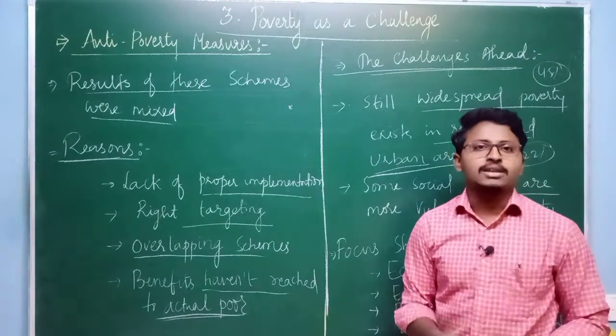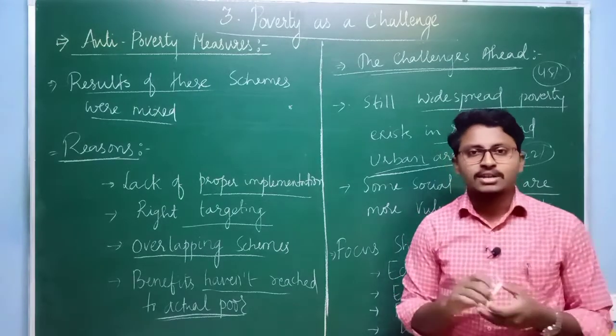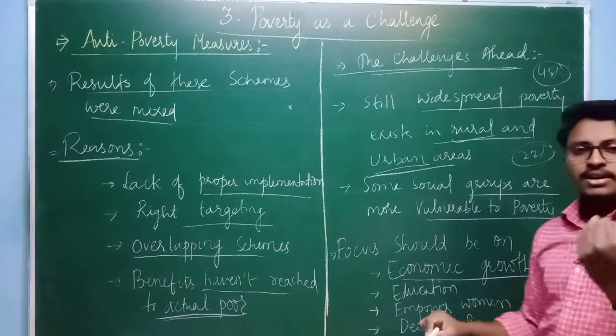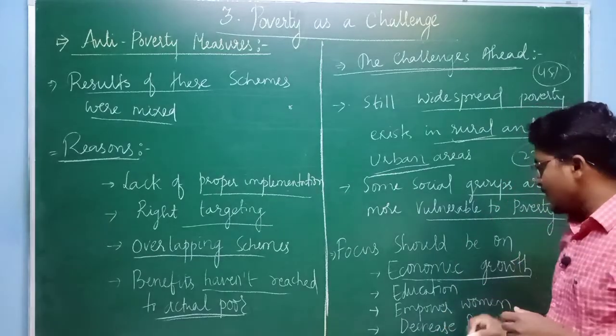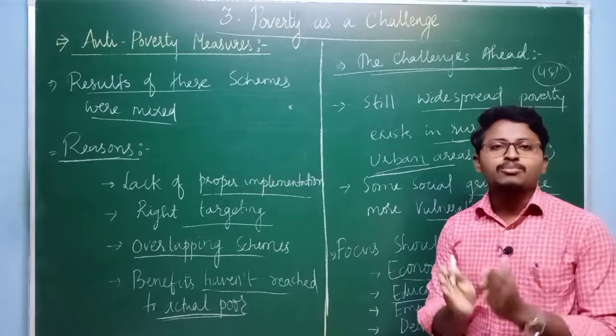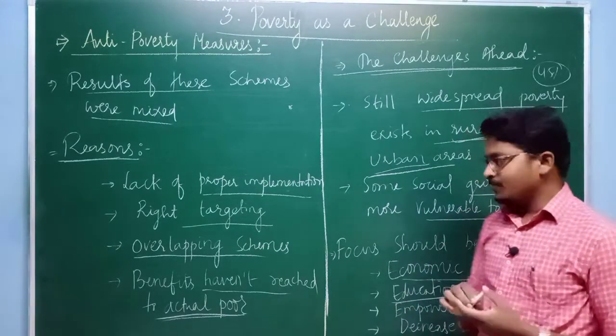but still we need to focus on some things in order to reduce this poverty. So what are the areas that we need to focus on? There should be a focus on economic growth, as we have seen at the start how economic growth can help in reducing poverty, and education, mainly universal elementary education, providing poor people access to education.